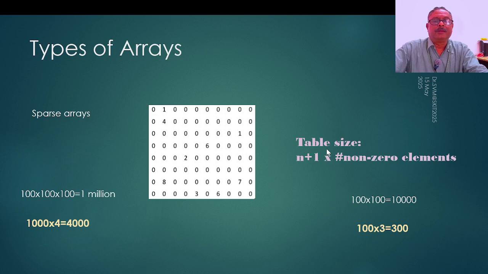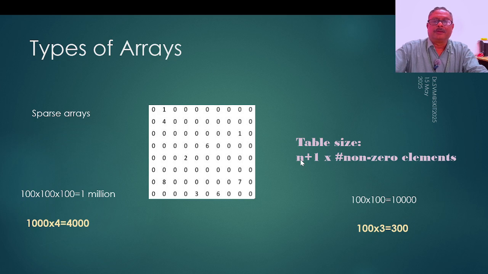In case of any sparse array, the table size required will be n plus 1, where n is the dimension of the array, plus 1 because that's the new column where we talk about the value of the element.